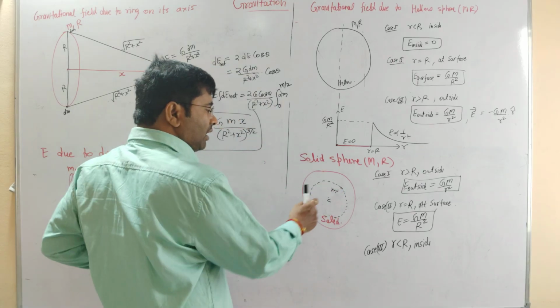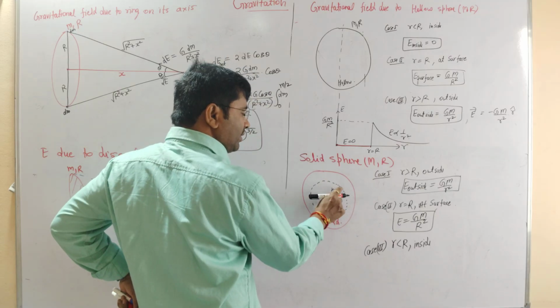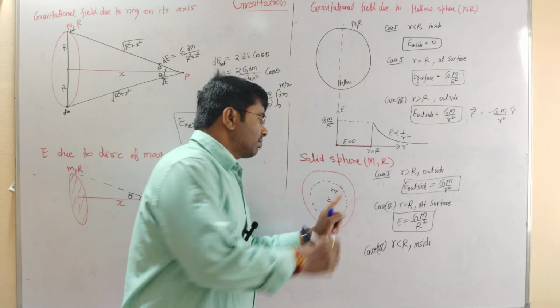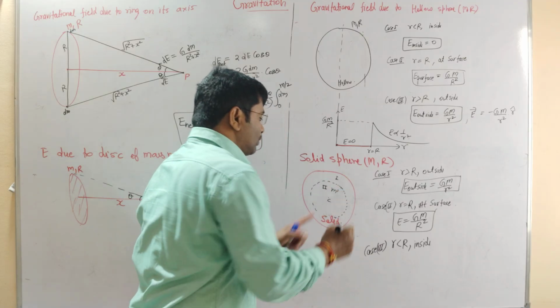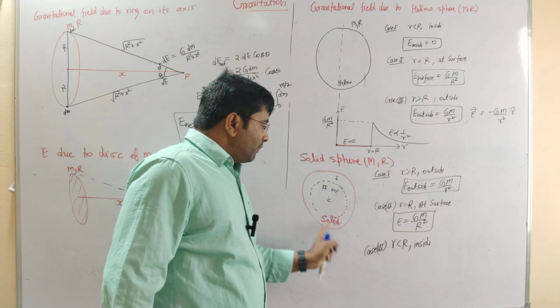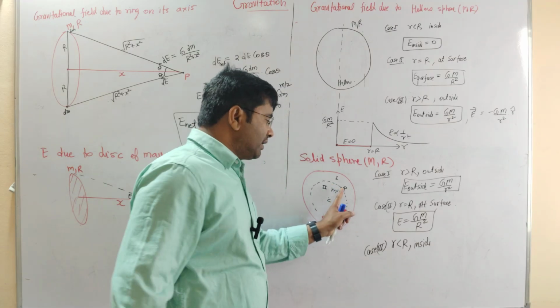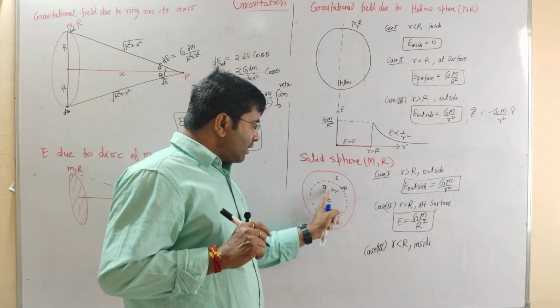At this point P, due to the outer part, the field will be 0, because this point is inside the outer part. This is part 1, and this is part 2. The field will be only due to the inner part.